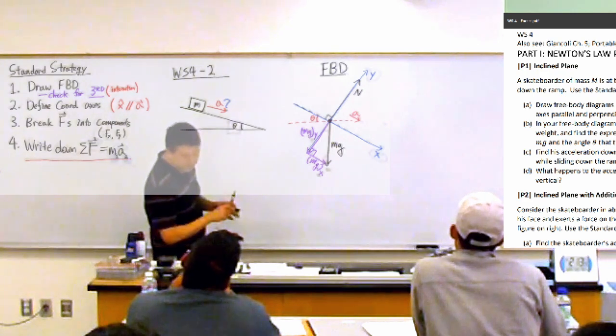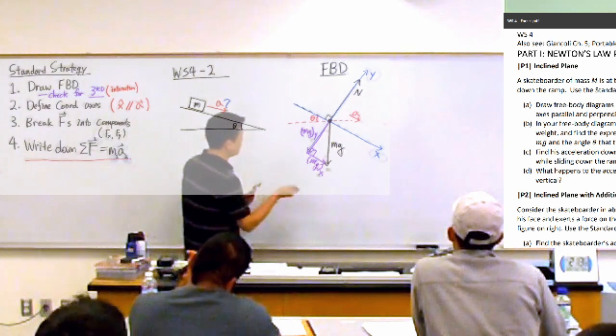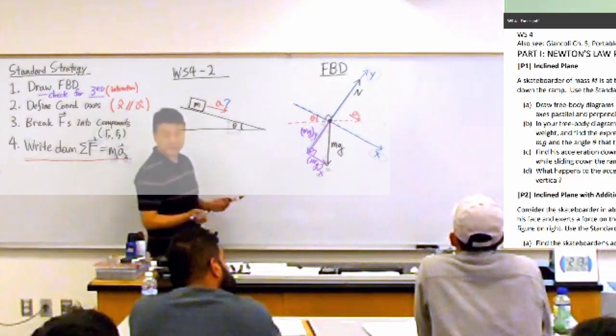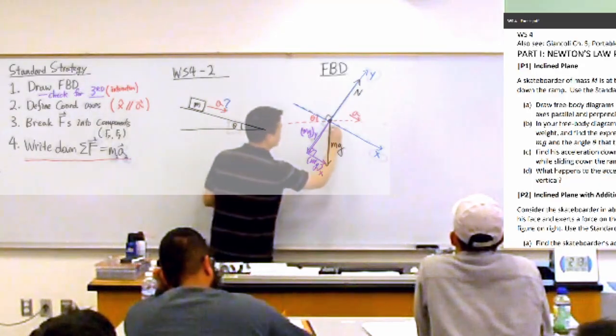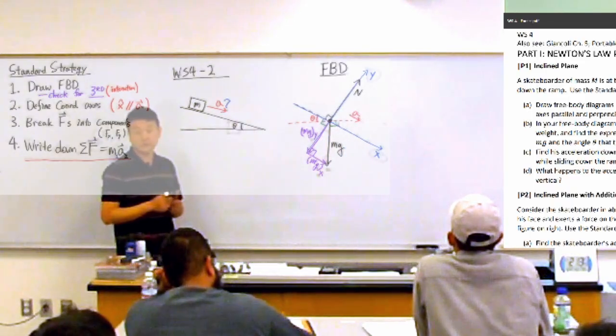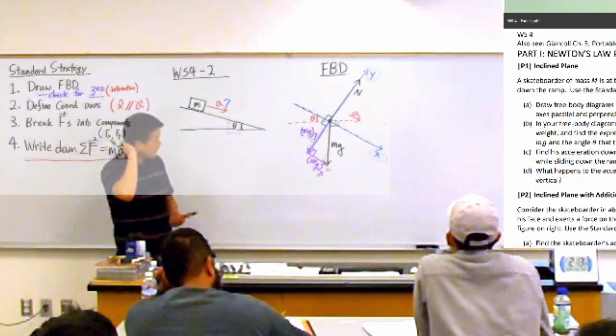So this is how I do it. I identify some of the right angles that are going to be helpful to me. So I know this is a right angle, right? And I know this is a right angle. It's two different sets of perpendicular axes. That's going to be useful to me, so I'll keep that in mind.